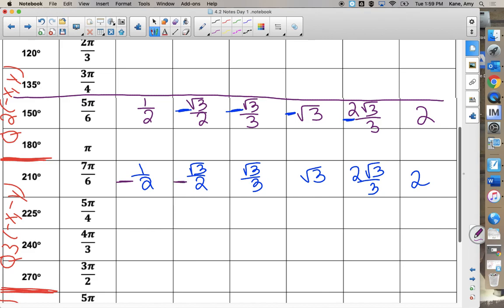What about tangent? Why is it positive, Kevin? Yeah, you got 2 negatives. You're taking negative y divided by negative x. Tangent's positive. What about cotangent? Also positive because it's x divided by negative y over negative, both negative. And then the last 2 are negative. So you should see when you're in that quadrant, your answers for cotangent and tangent in that third quadrant are going to be positive.